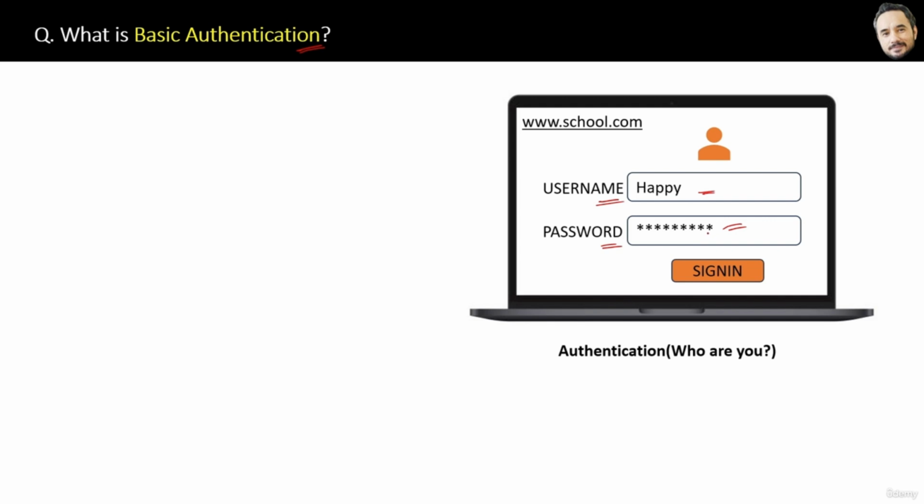In basic authentication, the username and password are sent as plain text over the network. The password is not encrypted or encoded, therefore it is not considered a secure method of authentication. Also, there is one more thing.